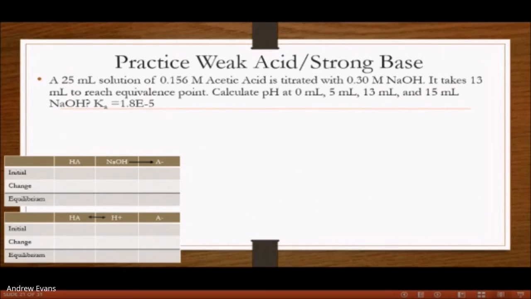I just want the same values to compare from problem 1, at 0, 5, 13, and 15. I use the exact same concentrations. The only difference is that now we have a Ka to worry about.